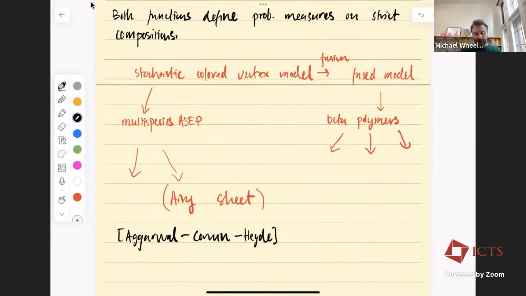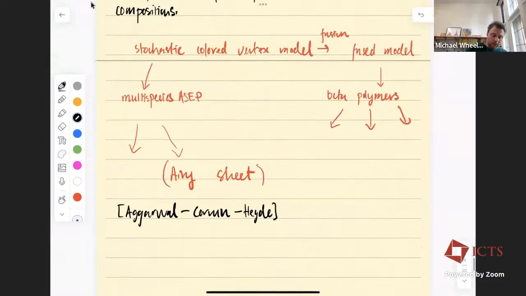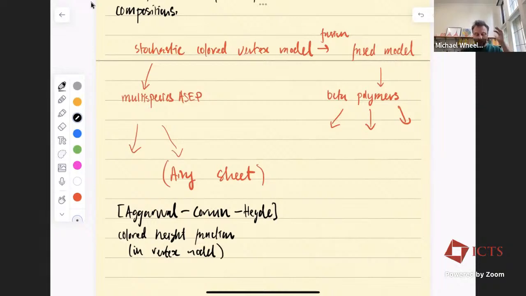And in this paper, they actually looked at precise mathematical statements. So they study something which is called the colored height function in the stochastic vertex model. And that's a sort of discrete random variable that you can associate to your random configurations of paths.